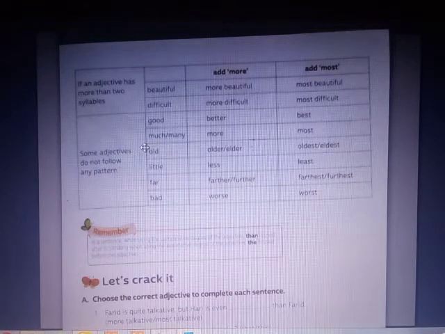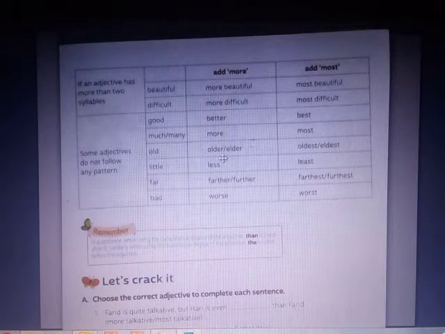Some adjectives don't follow any pattern, like good, much or many, old, little, far, bad. For good, comparative is better and superlative is best. For much or many, comparative is more and superlative is most. Old, older or elder, that is your comparative, and oldest, eldest, that is your superlative.